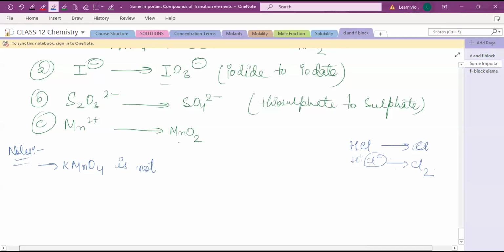So that's why potassium permanganate is not used for titrations with HCl, as it oxidizes Cl minus to Cl2.